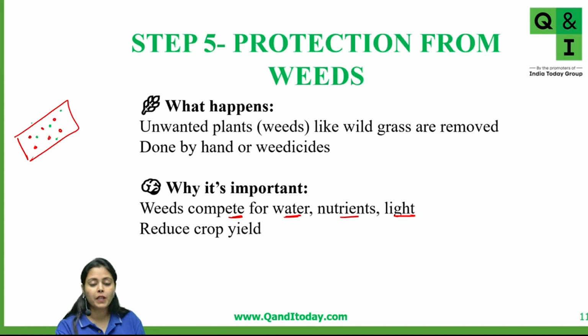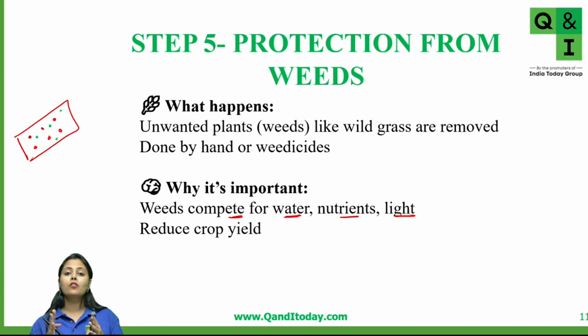But now this area of soil has to support how many plants? These 6 normal plants, and apart from that 4 weeds. So they are competing for nutrients and space with your regular crops and also for water and light. So that's why removing weeds from the fields is important. Got it? Clear? So eventually, since they are competing, what will they do? They will reduce the crop yield.